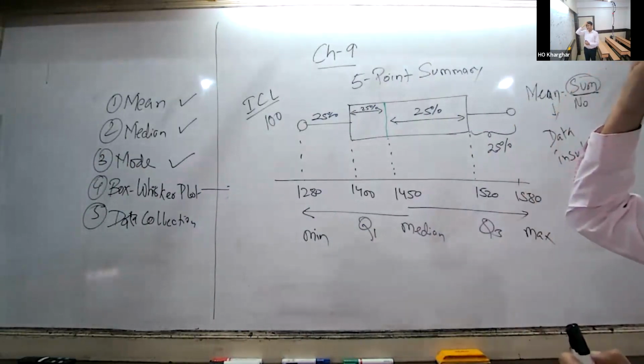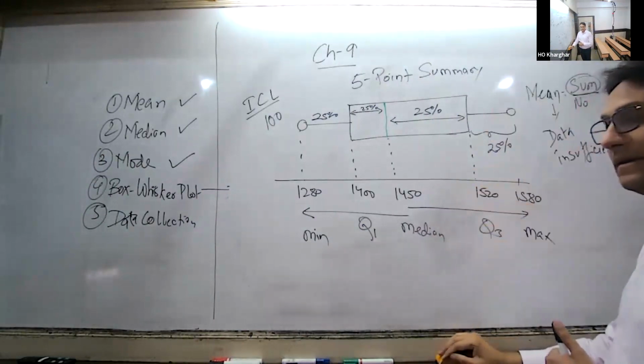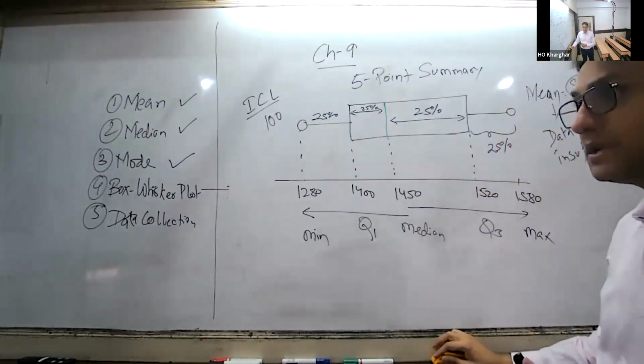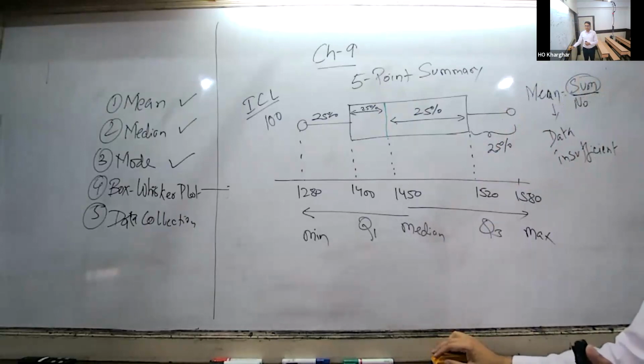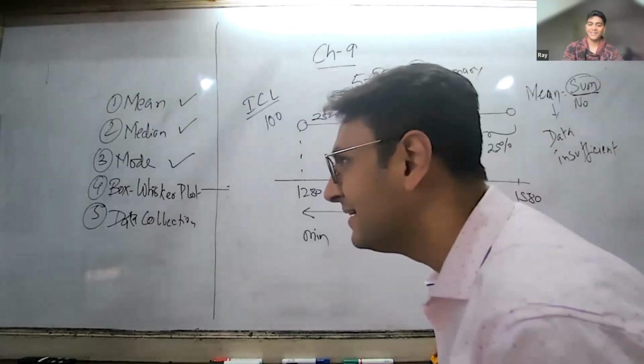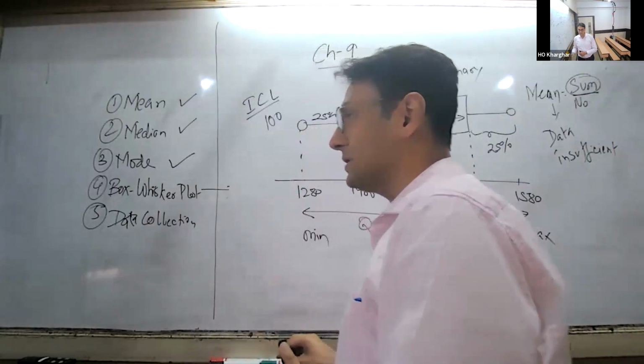I'll repeat: at least 25% of the students had a score of 1400 or less. You'll have to tell me whether the given statement is true or false.